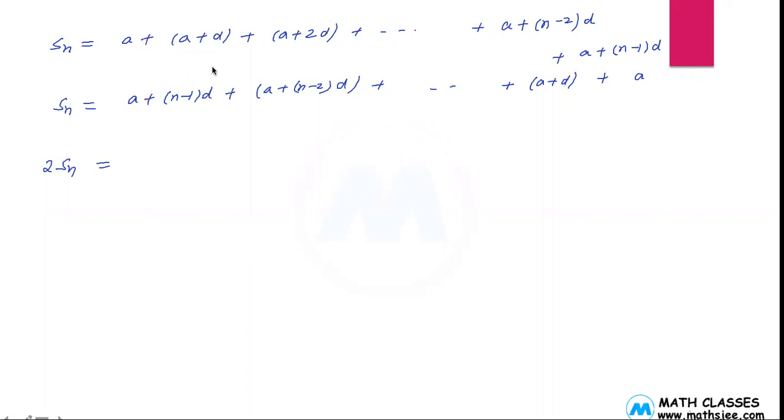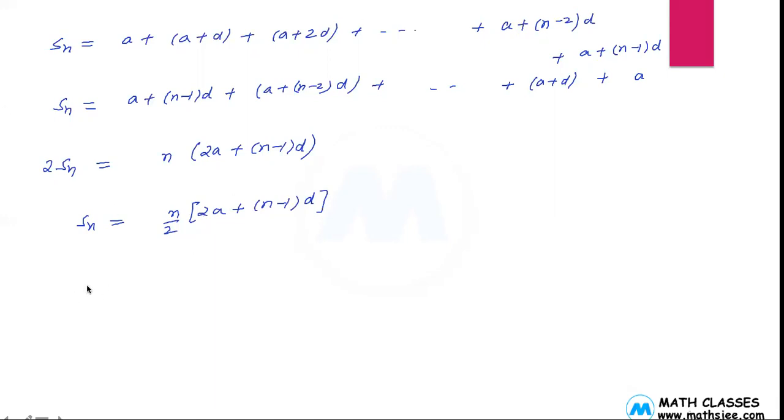These are the n terms, so it will be n times (2a plus (n minus 1) into d). So clearly Sn equals n by 2 into (2a plus (n minus 1) into d). And we can write this in two manners.